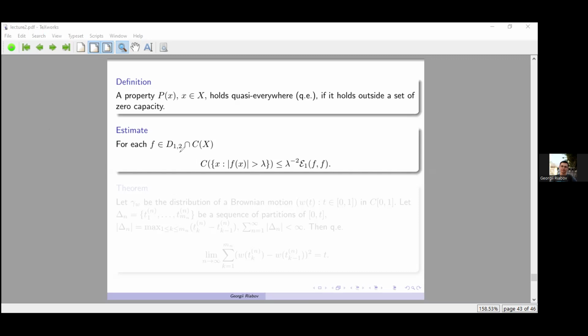If we consider a continuous function f from the space D, and consider the set where this function is bigger than a number lambda, then the capacity of this set is estimated by the following: 1 over lambda squared times the E_1 norm of the function f.